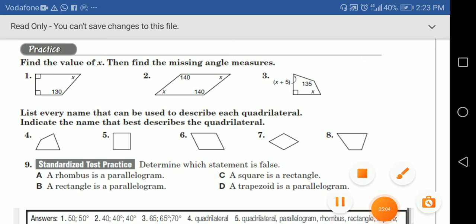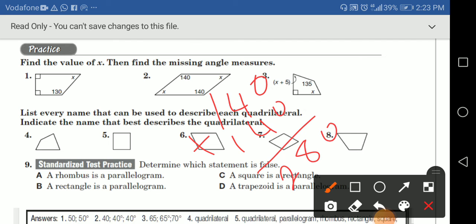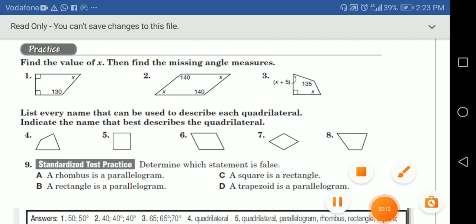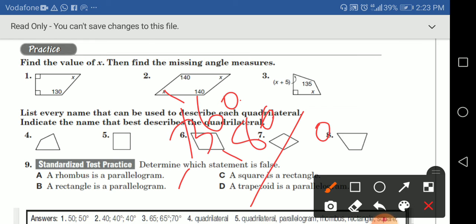What about this one? I have 140 plus 140, so you got 280. I need to know the remainder, 360 minus 280.